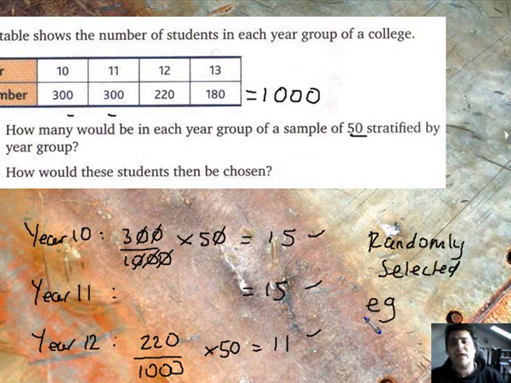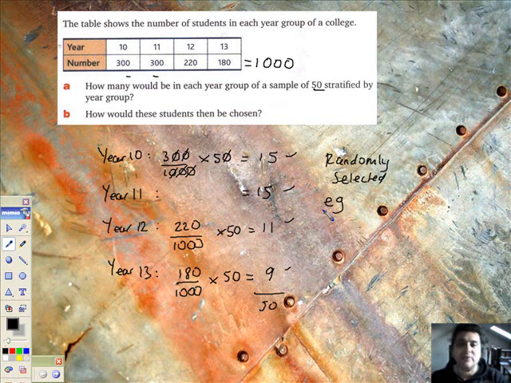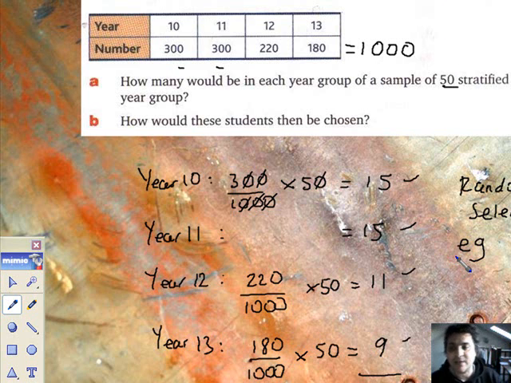If, for example, you gave each student a number from 1 to 300, and then use the random number selection on your calculator to select 15 students at random. So, for example, on your calculator, number 281 may show up randomly. So you choose student number 281, then you press the button again, you may get 94. So you choose the 94th student in your list of 300 year 10s, etc. So that these students need to be randomly selected.